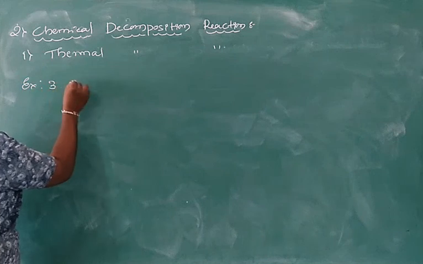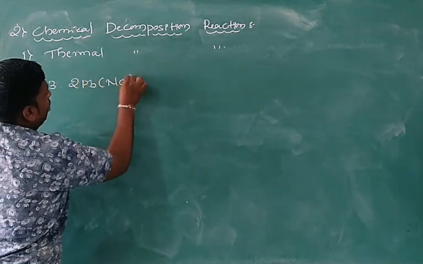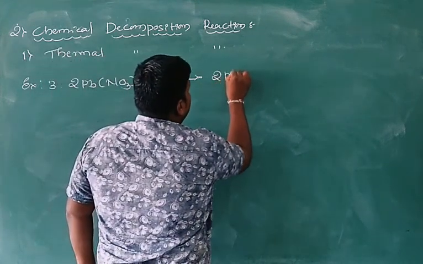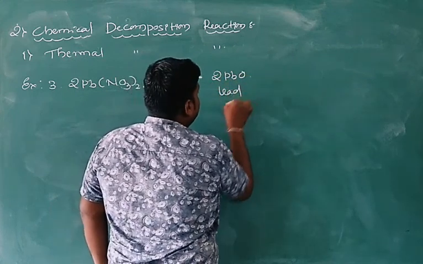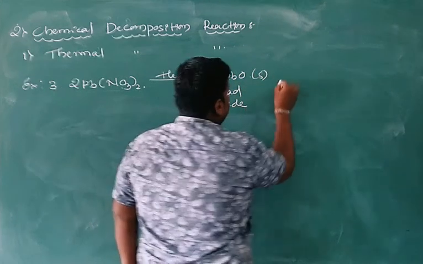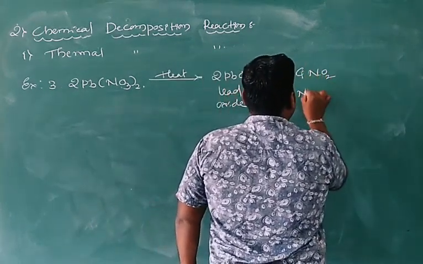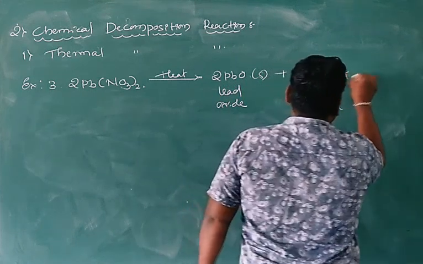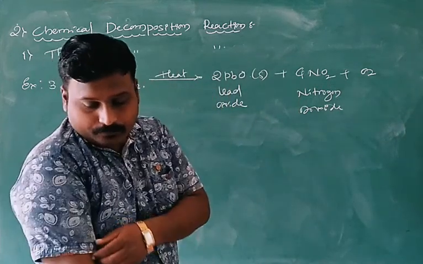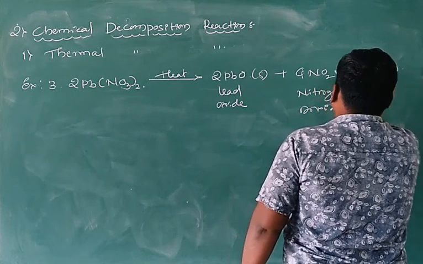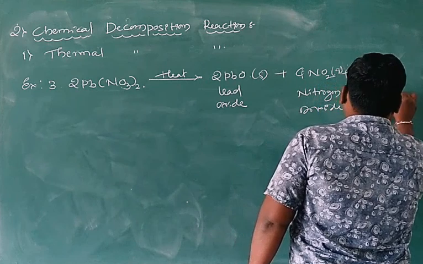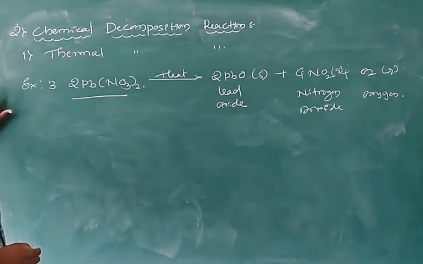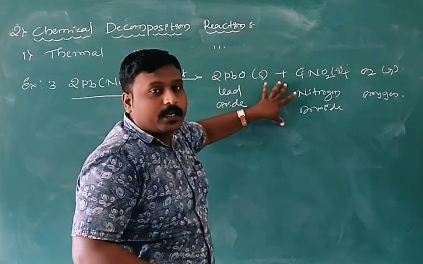Example 3. Lead nitrate on heating decomposes to form lead oxide in solid state, 4NO2 nitrogen dioxide, plus oxygen gas. In this thermal decomposition process, lead nitrate breaks down to form lead oxide, nitrogen dioxide and oxygen.